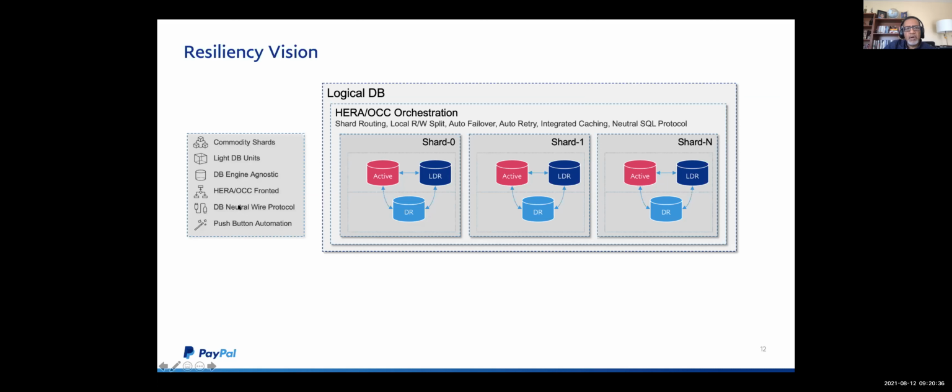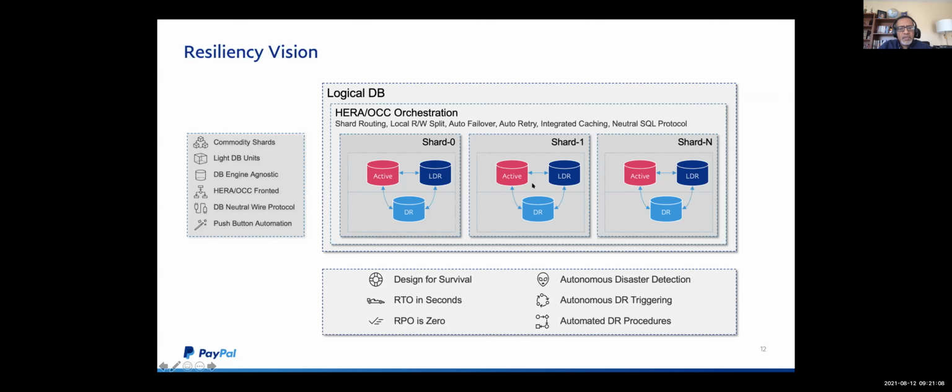Database neutral wire protocol so that we can get some database agnostic workloads. Push button automation, right? One of the operational problems when we have many of these shards is that we cannot do the same manual process, right? So we need to get to push button automation. And we have a later presentation where my colleagues Vincent and Deepti will talk about some of this automation, how we achieve this automation.